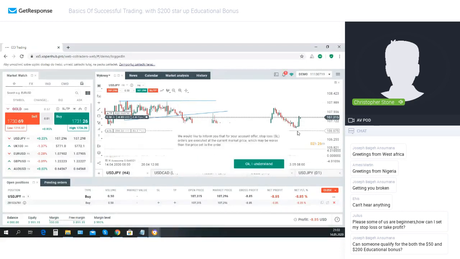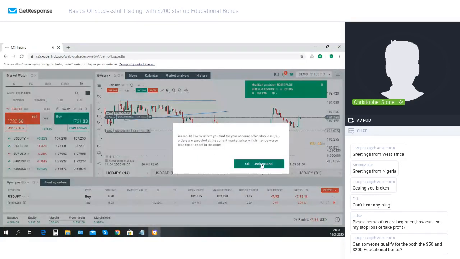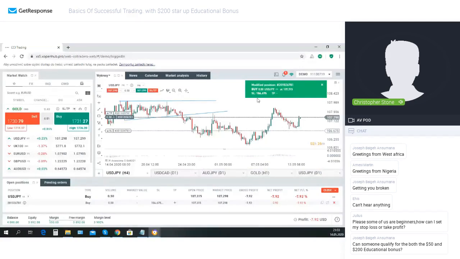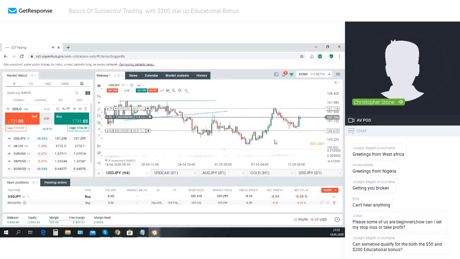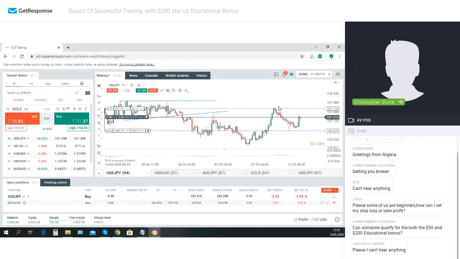And for example, we set it at 106.675. Now we can set the TP, or take profit, for example, at this point, as we saw before, the new higher high.